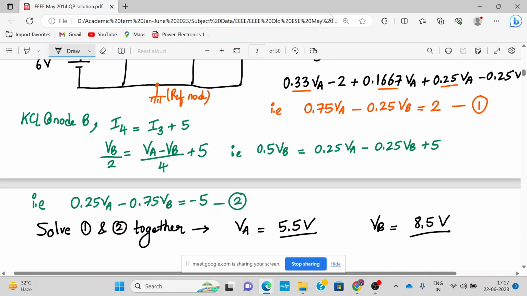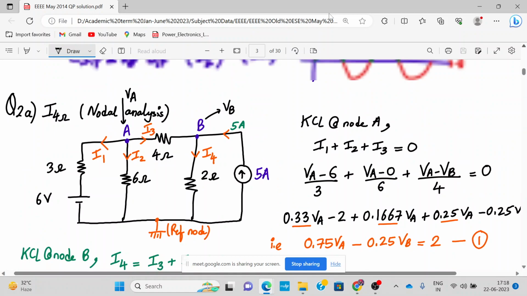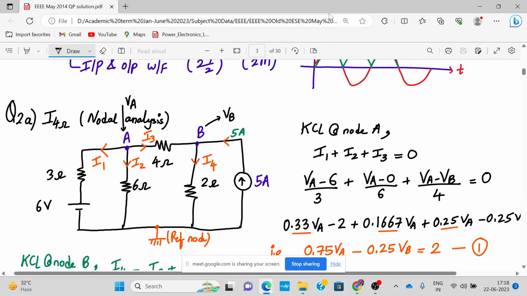Got similar answers? Okay, so please cross check your answers.